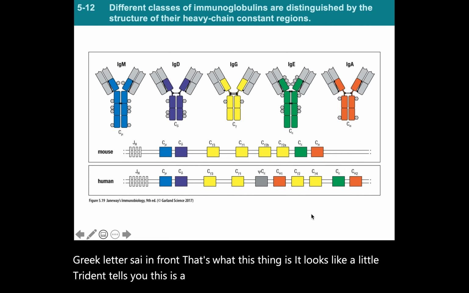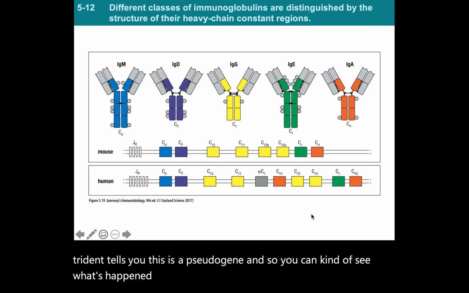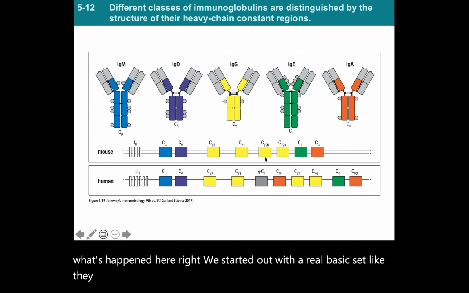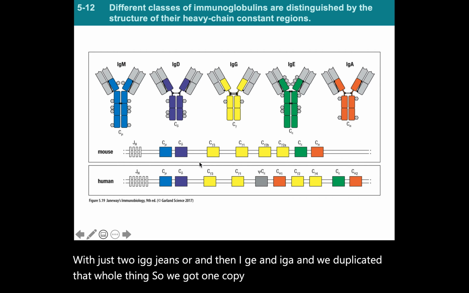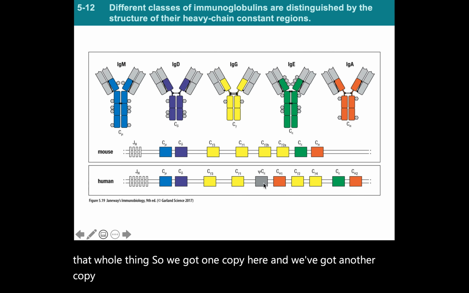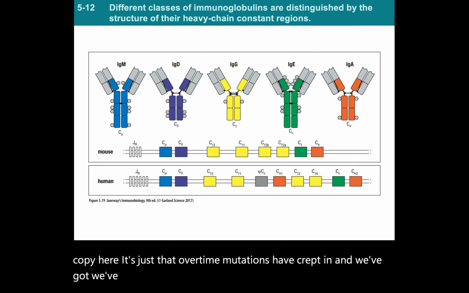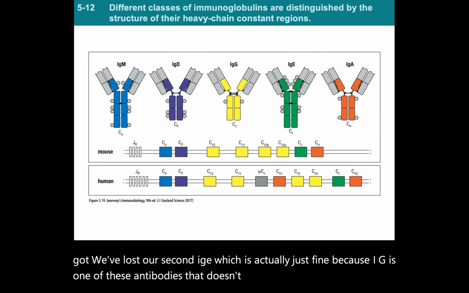And so you can kind of see what's happened here, right? We started out with a real basic set like they have in the mouse with just two IgG genes, and then an IgE and an IgA, and we duplicated that whole thing. So we've got one copy here, and we've got another copy here. It's just that over time, mutations have crept in, and we've lost our second IgE, which is actually just fine because IgE is one of these antibodies that doesn't have a lot to do anymore.